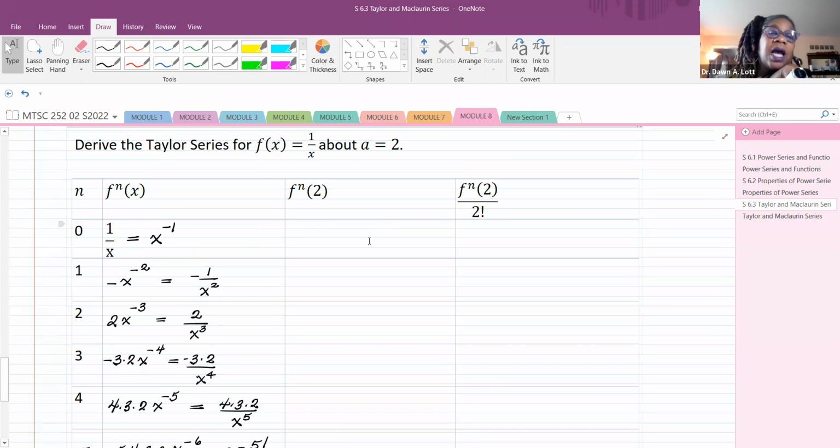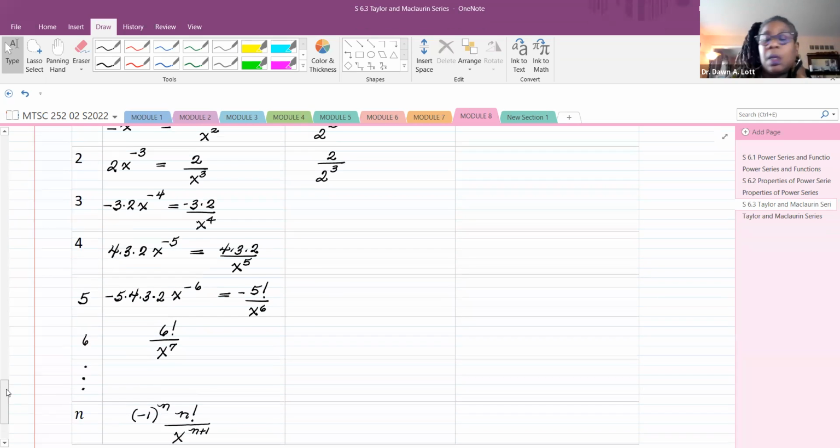Okay, next column. I need to evaluate everything in the first column at 2. So I'm going to get 1/2. I'm going to get negative 1 over 2 squared. I'm going to get 2 over 2 cubed. I'm going to get negative 3 factorial over 2 to the 4th.